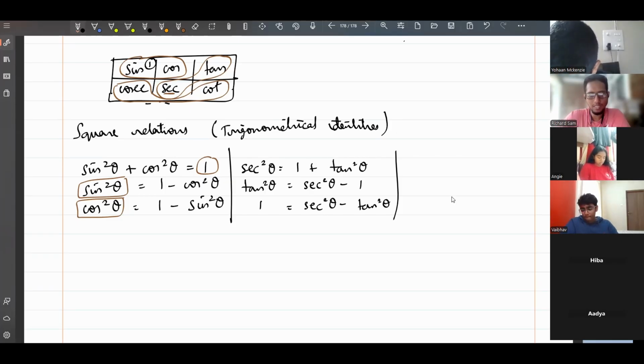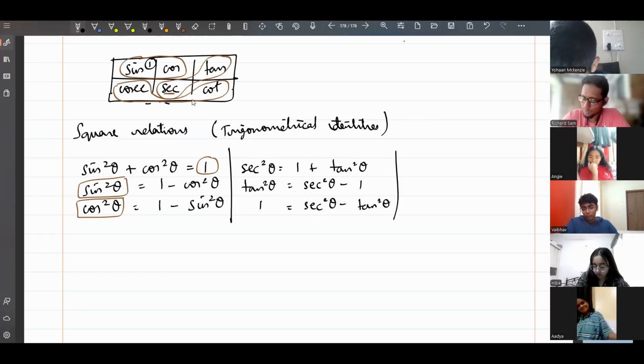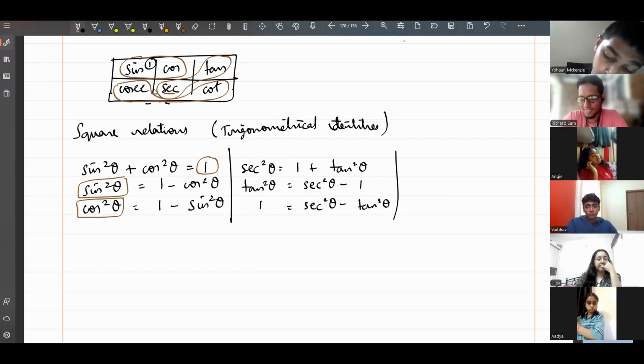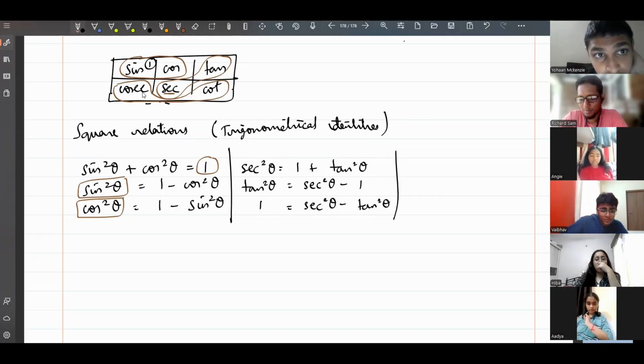We'll go to the last set of identities. That is between cosec, cot, and 1. Now here, those of you who know, which one do you think is the biggest? Or if you want to guess, which one do you think is the biggest? Cosec, cot, or 1? Do you remember?